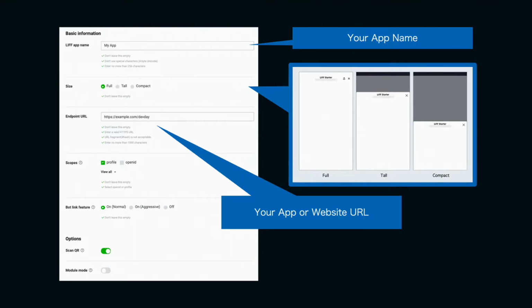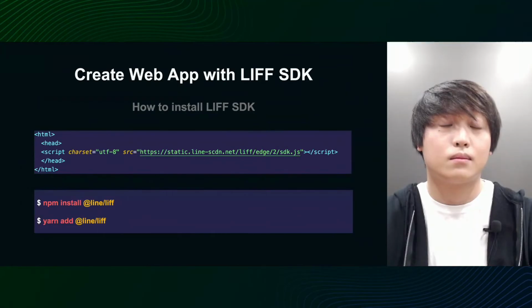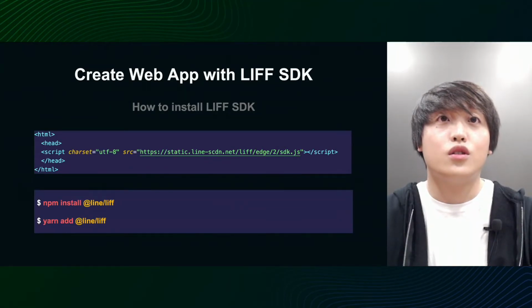Next, Scan QR enables LIFF Scan Code API. Module mode is the option to show or not show the share button at the header. If you set up these to complete the registration, LIFF ID is issued. This is how you prepare.